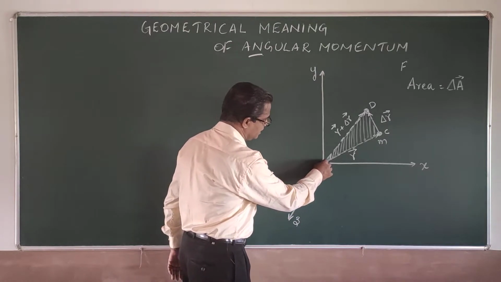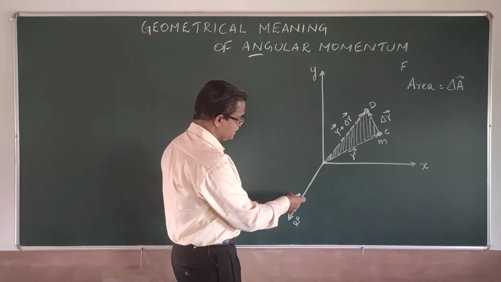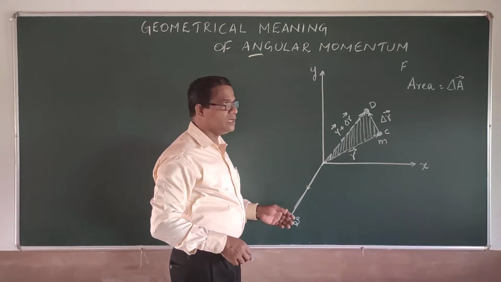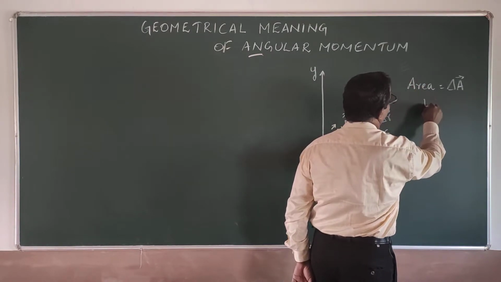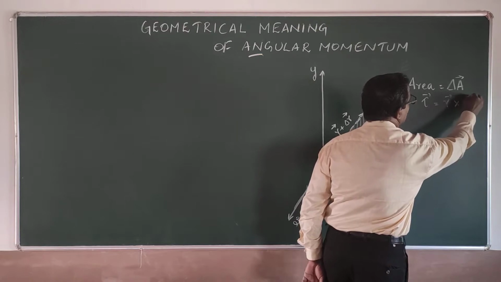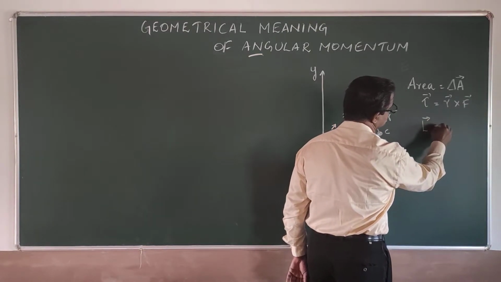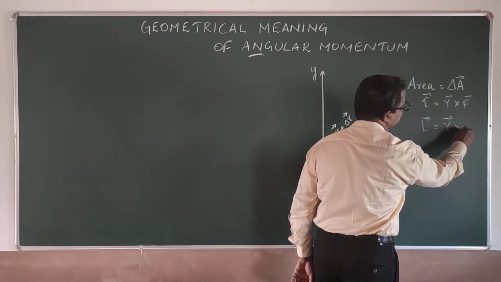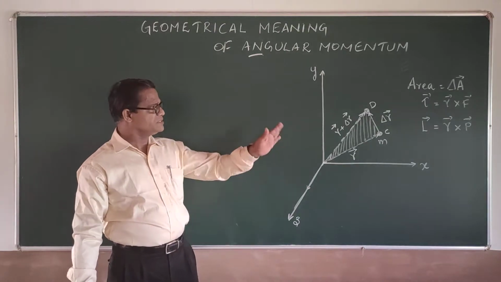There will be a torque acting along this axis, which is r cross F, and an angular momentum L equal to r cross p acting along this direction.